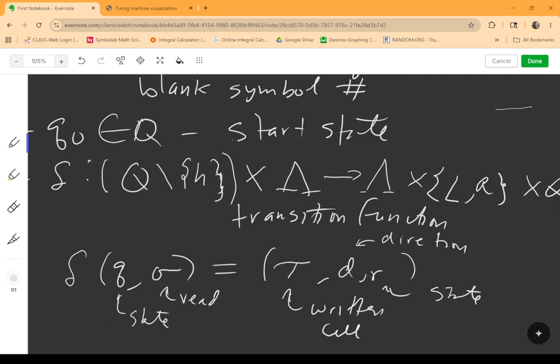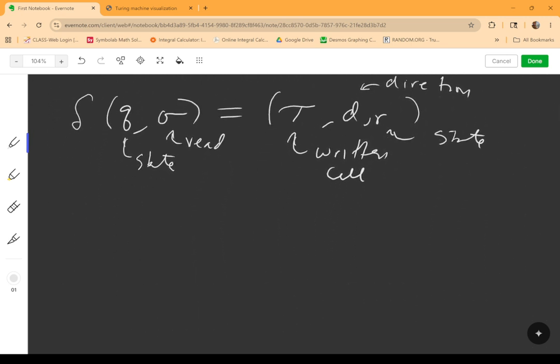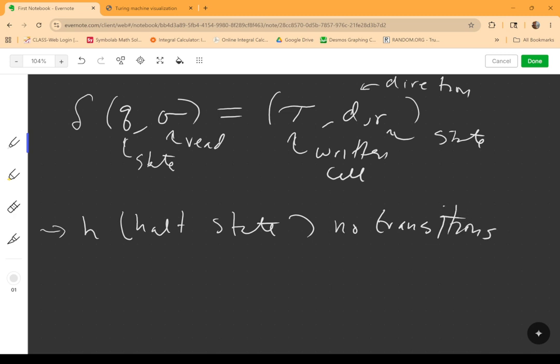The halt state H has no transitions. Once it reaches H, the machine stops.